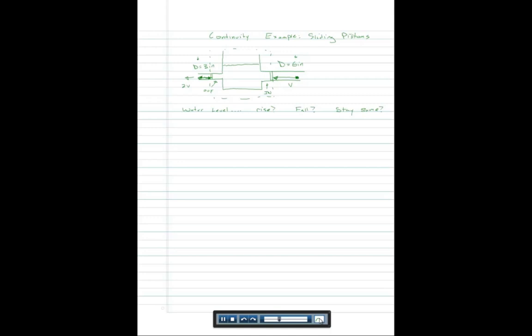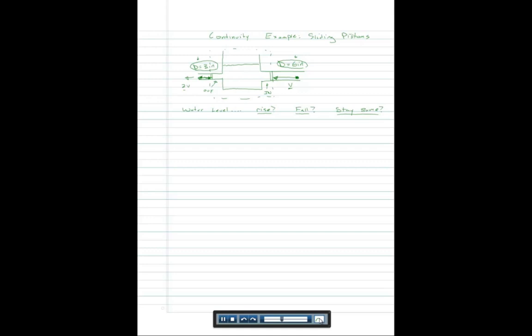And just to summarize once again, the diameter of the pipe where water is going out is 3 inches, which is 1/2 of the diameter where the flow is going in. And the velocity out is double the velocity of the piston that's pushing water into the tank. So again, does the water level rise, fall, or stay the same?